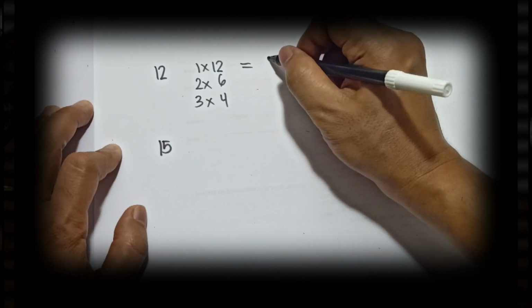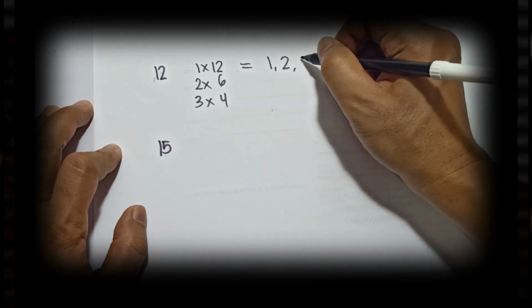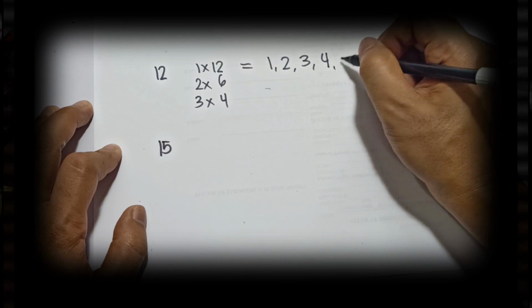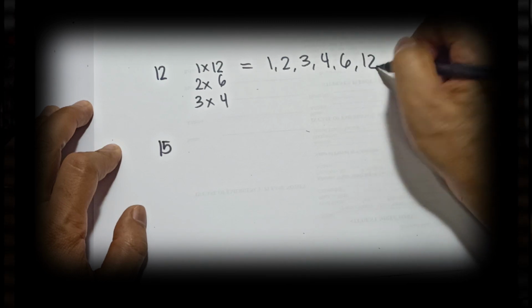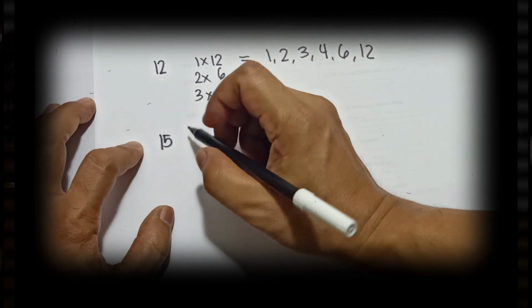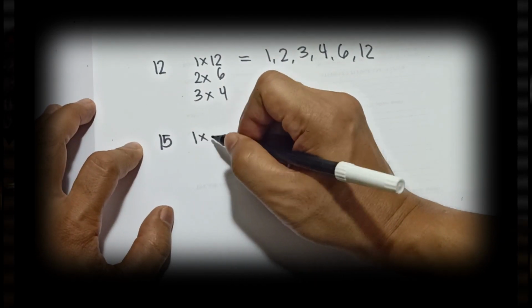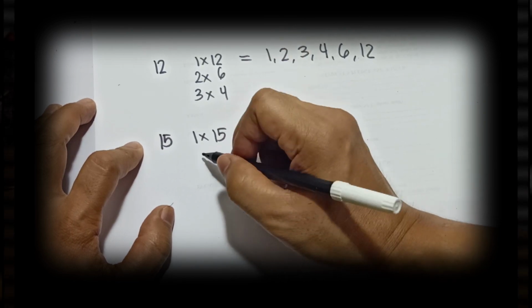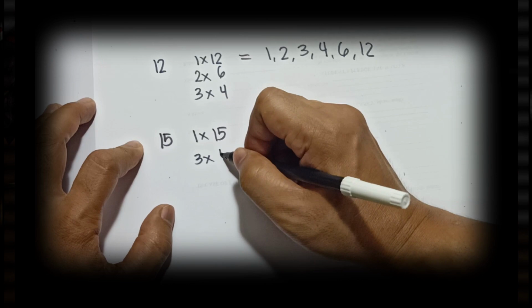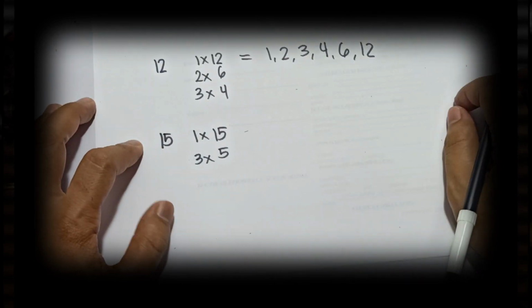Those numbers are 1, 2, 3, 4, 6, and 12. While the factors of 15 are, we have 1 times 15, then 3 times 5 only, right?